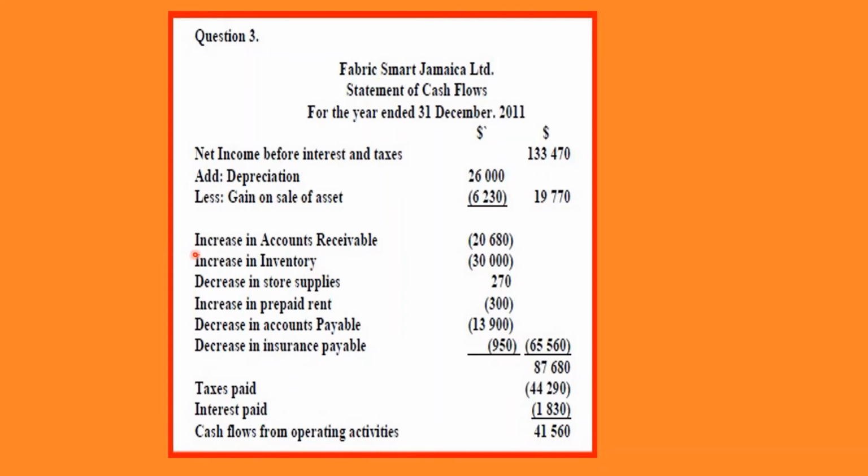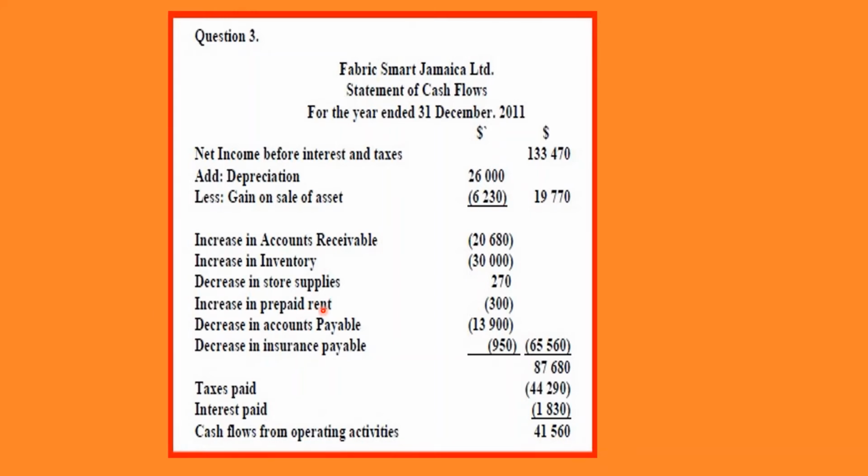And similarly with the accounts receivable, we've taken the inventory from here, sold it on credit, and not got any cash for it. So the decrease in the store supplies is an inflow.